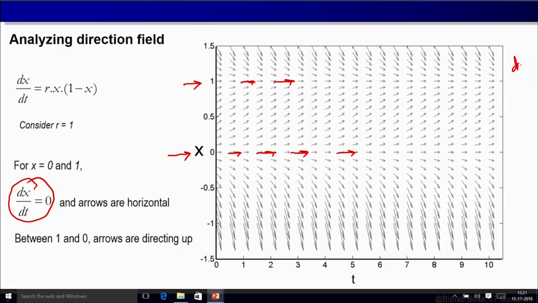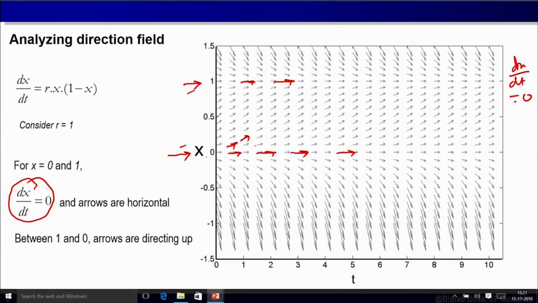Here also dx/dt is equal to 0. In between 0 and 1, the arrows are pointing up, and they are moving towards 1. What are they telling?